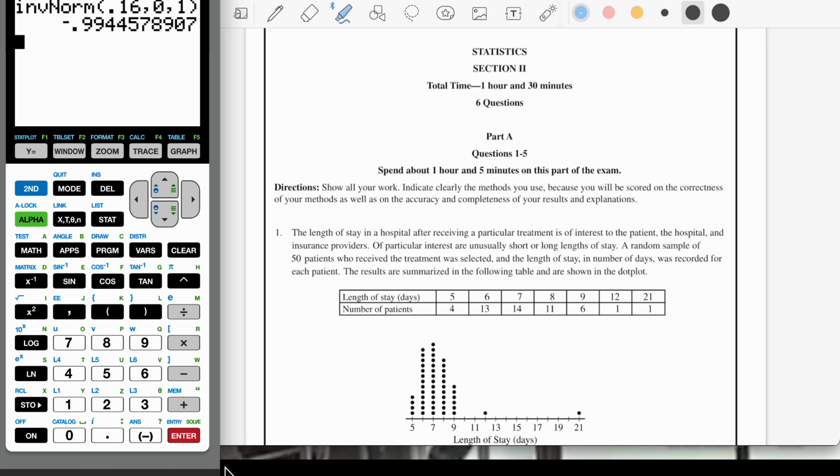You're allowed to use a calculator for the entire exam. So you get an hour and a half. They recommend that you spend the first hour and 5 minutes, oddly specific, on the first 5 questions, with the remaining 25 minutes for number 6. So that's how they recommend you split up your time.